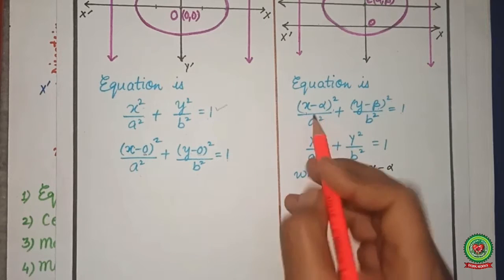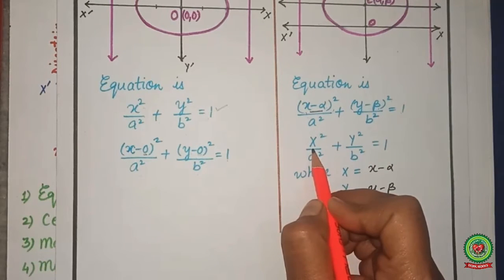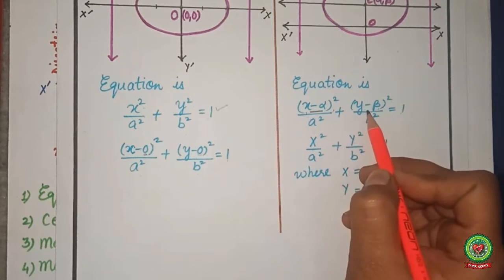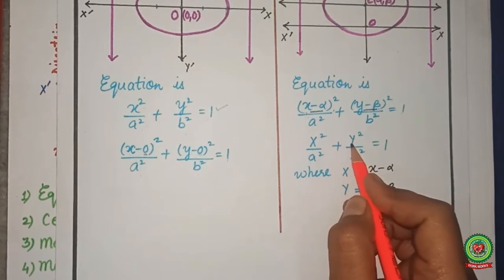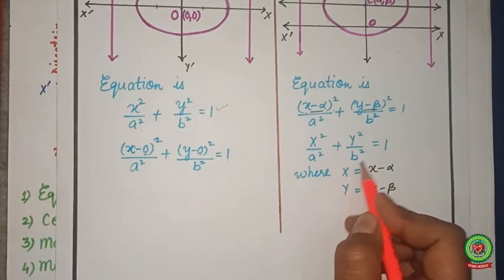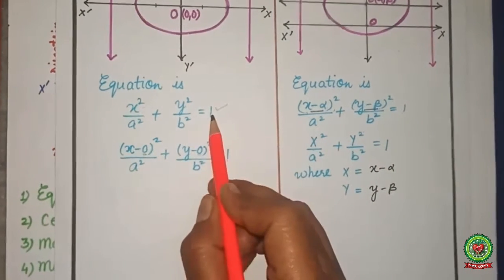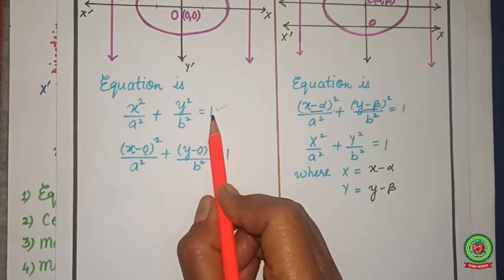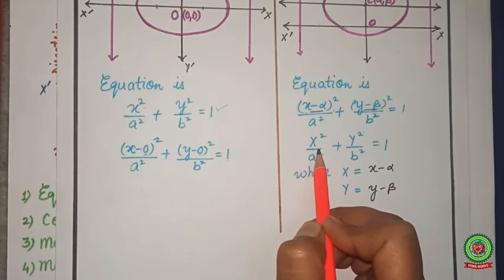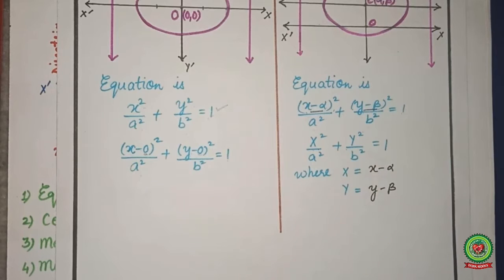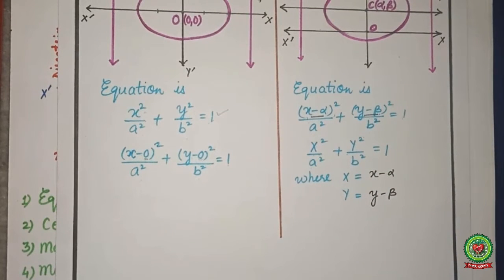So here x minus alpha can be written as capital X, so capital X square upon a square plus capital Y square upon b square is equal to 1. Now you can see that it is comparable with the standard form. So when we reduce it to the standard form, then we can apply all the results related to this ellipse. Now let's do one example based on it so that it is clear to you.